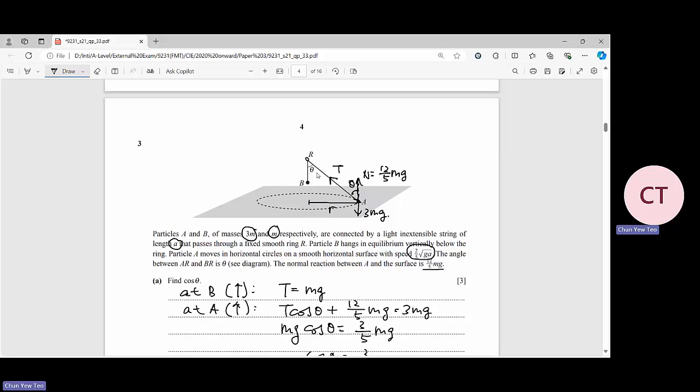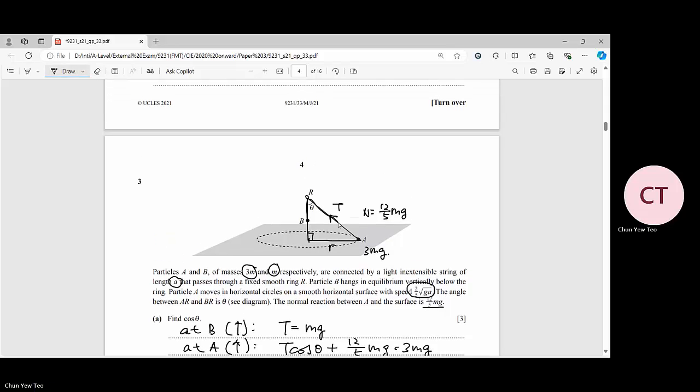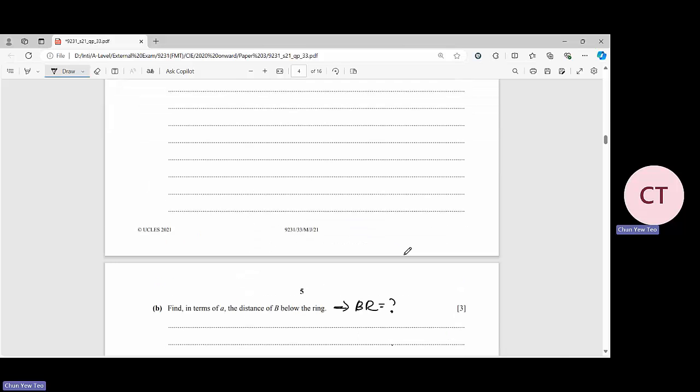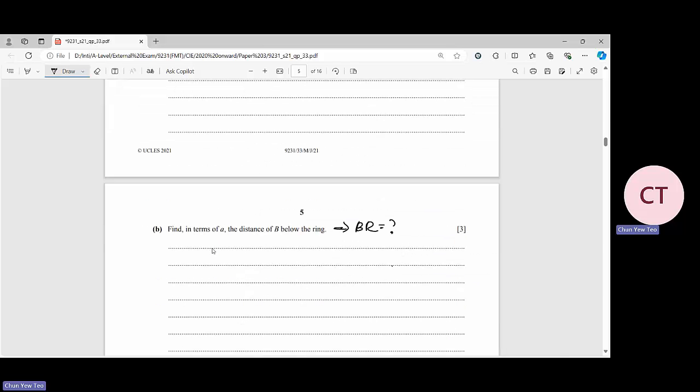Okay, so the radius, if you consider the whole triangle here, this triangle, then you have R over AR is sin theta. So from the triangle, we have R over AR equal to sin theta.